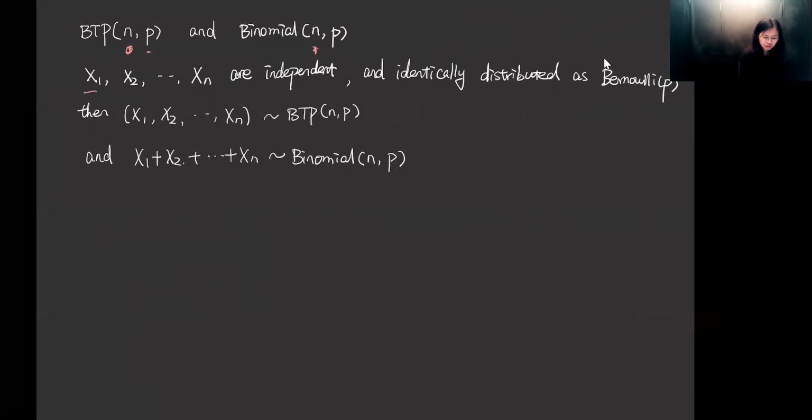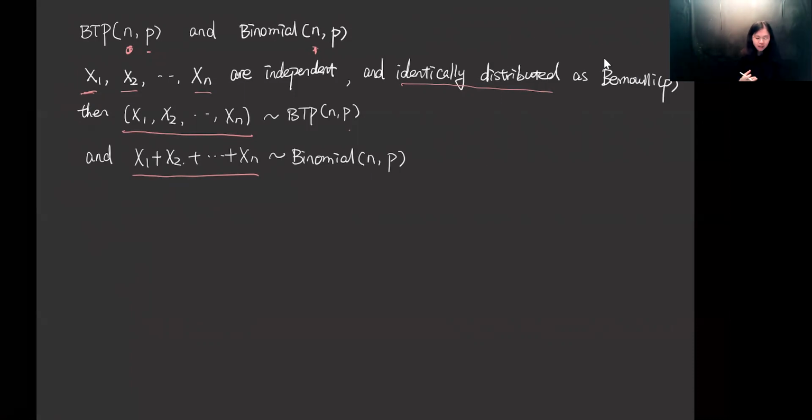Suppose X1, X2, to Xn are a collection of independent and identically distributed Bernoulli p random variables. Then the sequence formed by these n random variables is a Bernoulli trial process n, p, and the sum of the random variables follows a binomial n, p distribution.